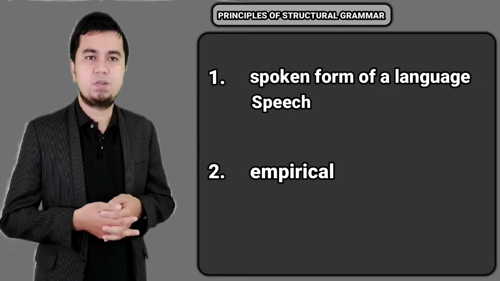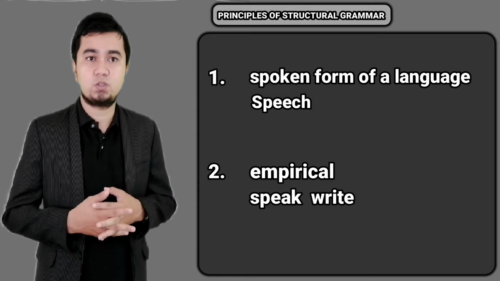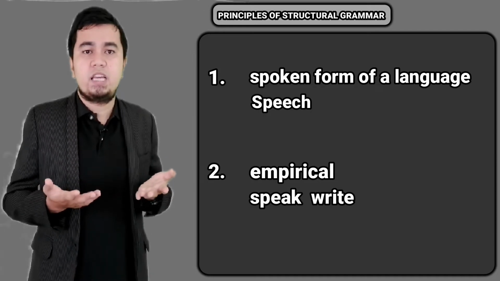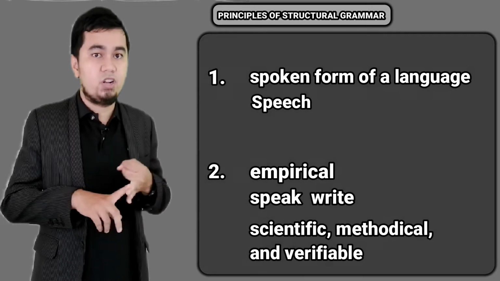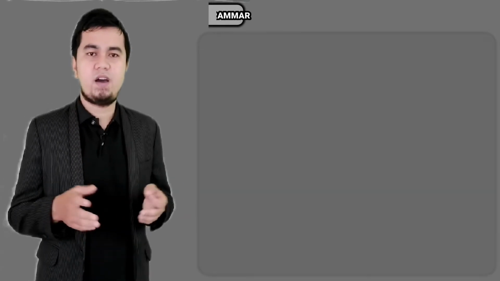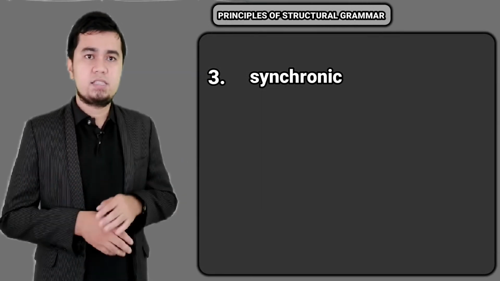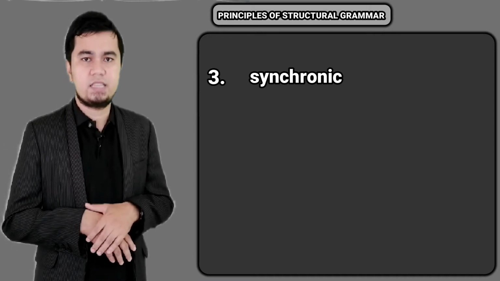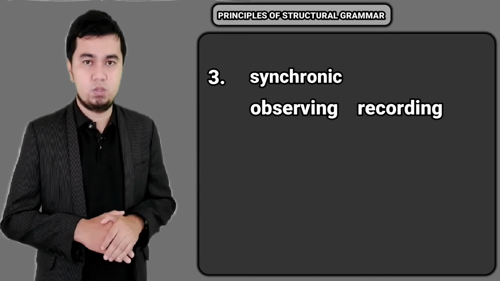The linguist's task is to describe the way people actually speak and write their language, not to prescribe how they do so. It makes the study of language more scientific, methodical, and verifiable. We also have the principle of being synchronic. The linguist is interested in the description of the state of language at some particular point in time, observing and recording instances of language use.